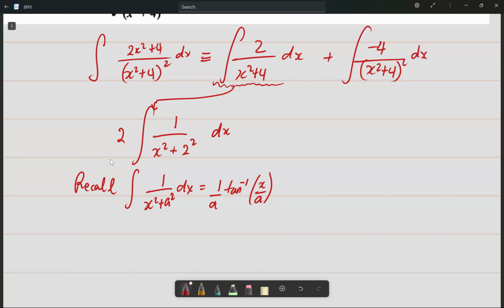So we're going to do that same thing here. So that's 2 multiplied by 1 over 2 tan inverse of x over 2. Up to this point, everybody understand how I integrated the first section? Any issues with that part? No? We're good? Okay.